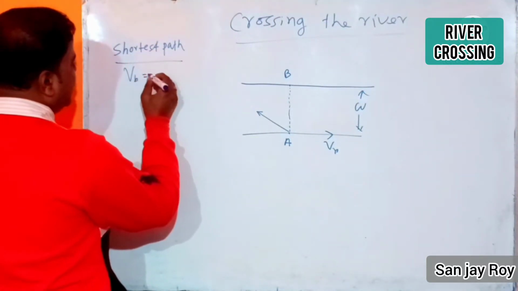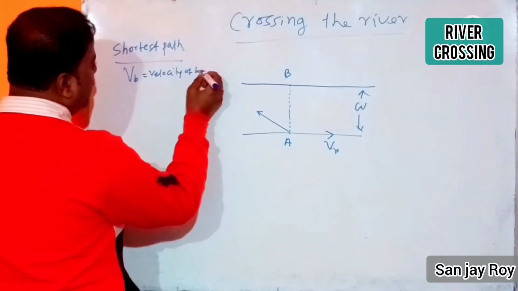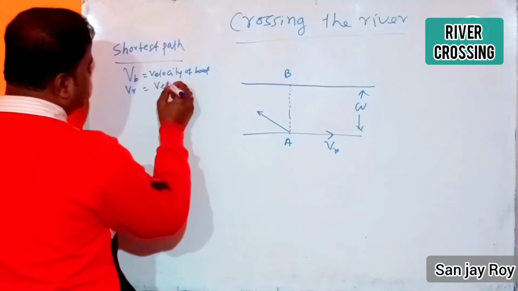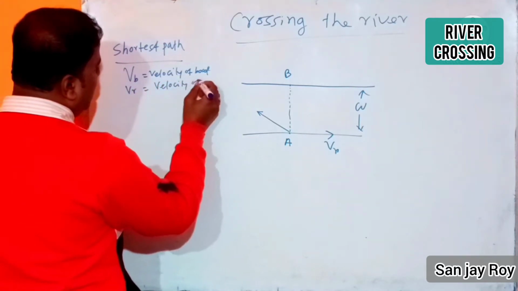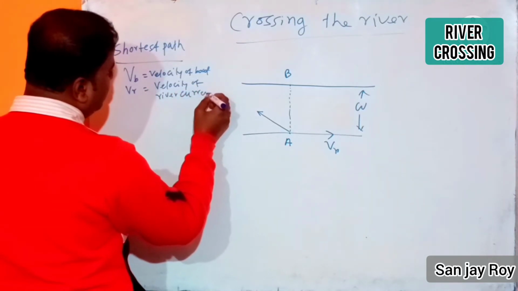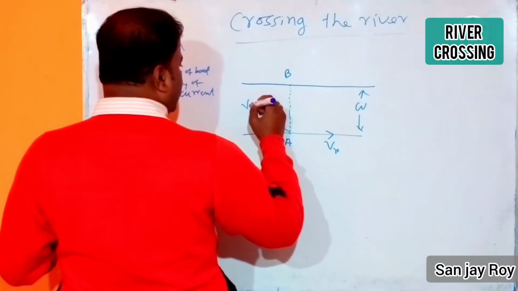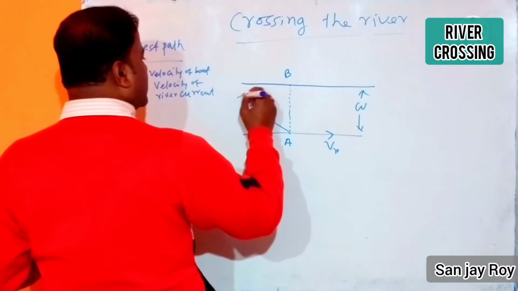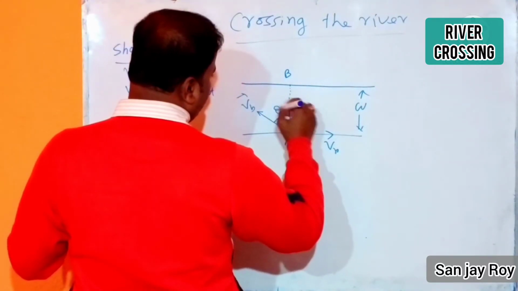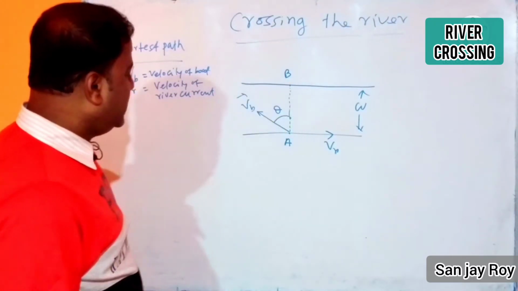Here VB equals velocity of boat, VR equals velocity of river current. This is VB, velocity of boat. Say VB is at an angle theta with the line AB.